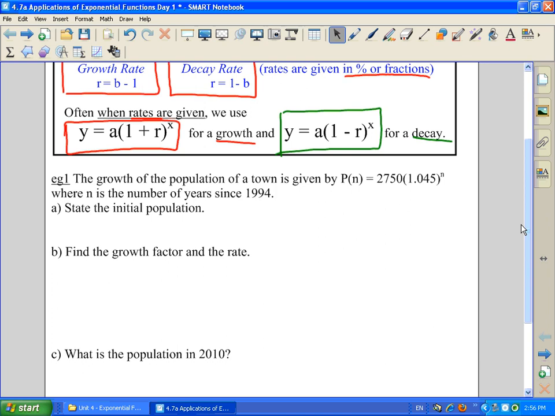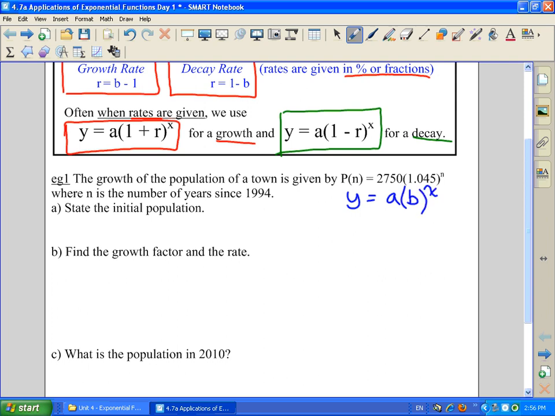All right, example 1. The growth of a population of a town is given by P at n, which equals 2,750 times 1.045 all raised to the power n, where n is the number of years since 1994. So if I rewrite underneath our basic exponential function, this is what it looks like.